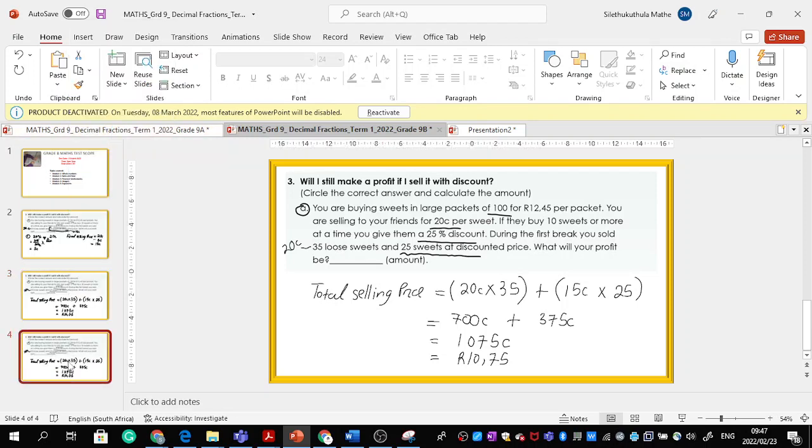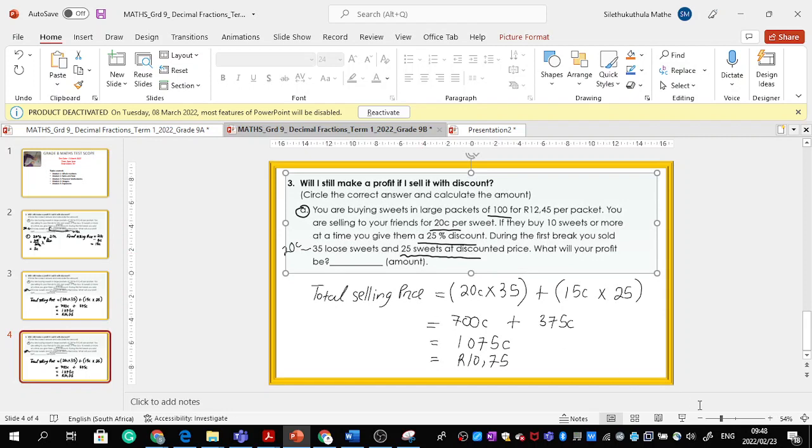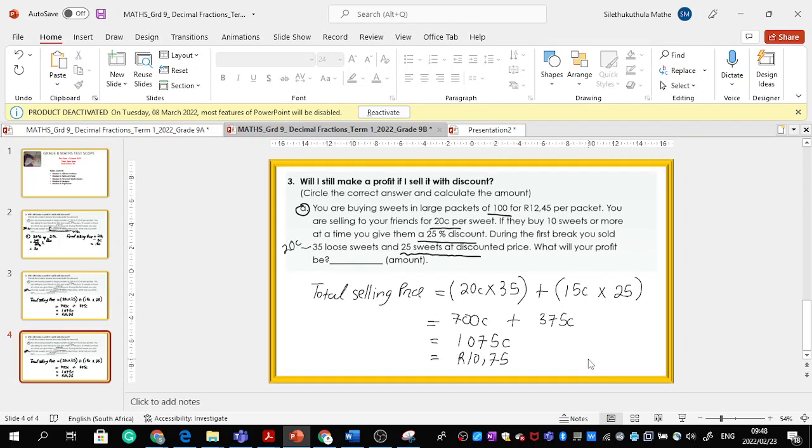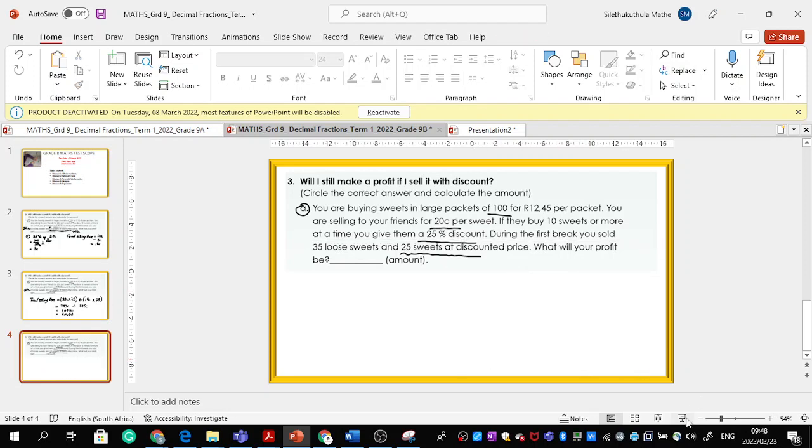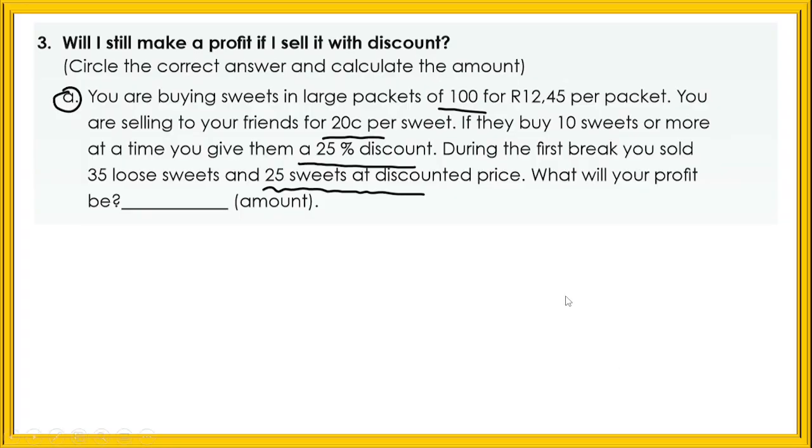Okay, so now we have calculated the total selling price for 35 sweets and 25 sweets. Now we need to calculate if we have made profit. Let's see if we made profit there.